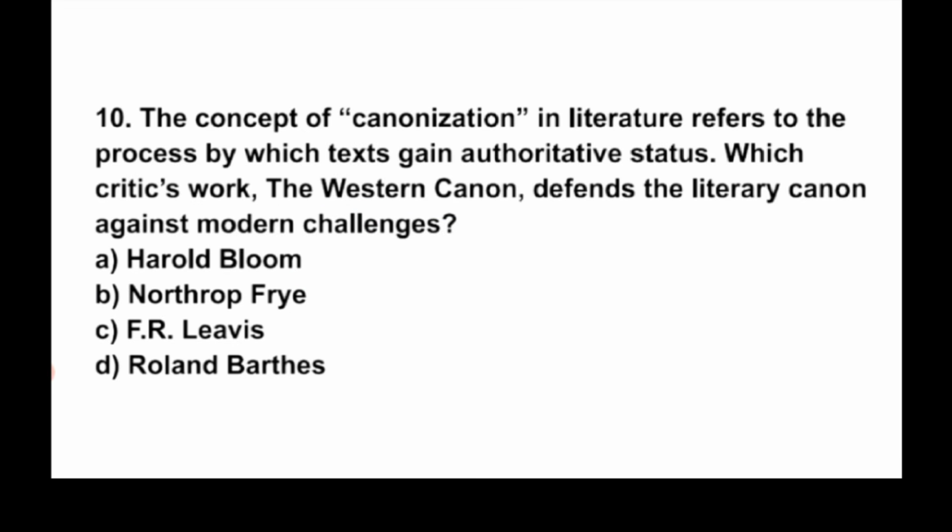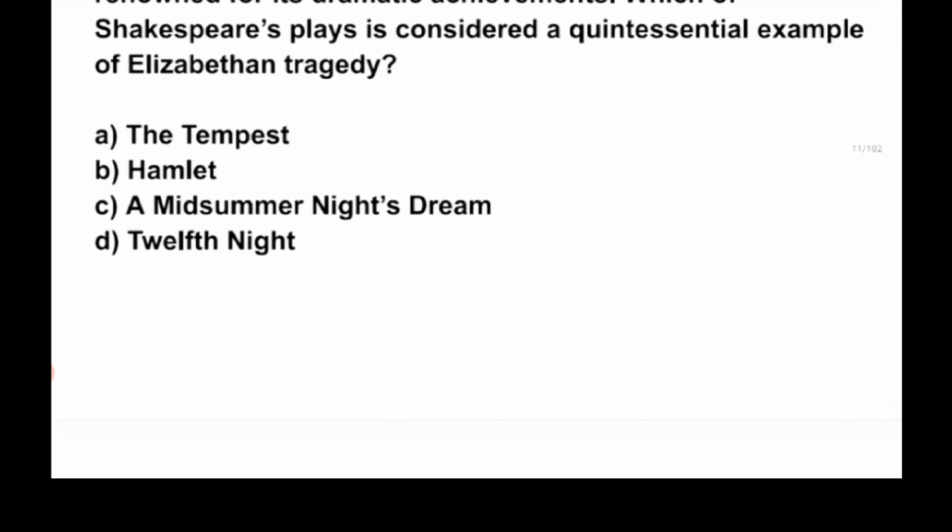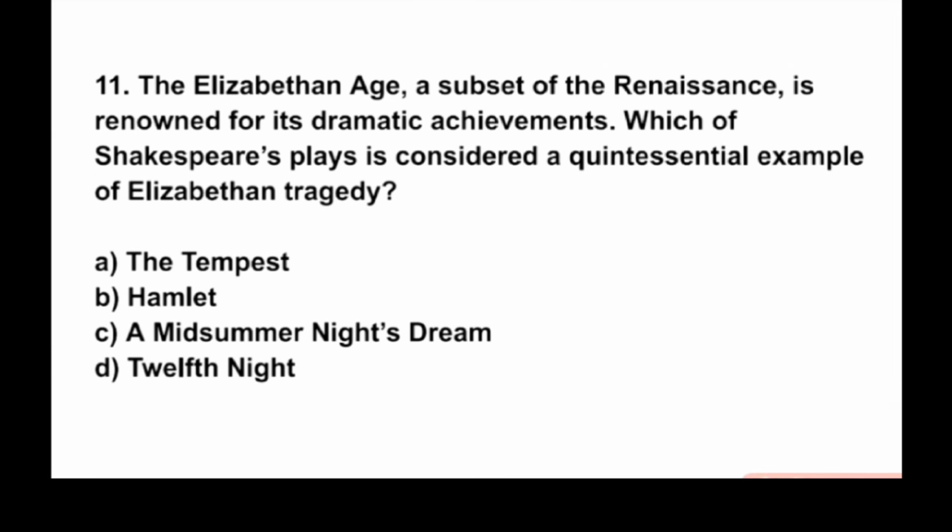Next, the term canonization in English literature refers to the process by which certain texts or authors are deemed significant and authoritative, forming the literary canon. This process is influenced by cultural, historical, social, and scholarly factors.